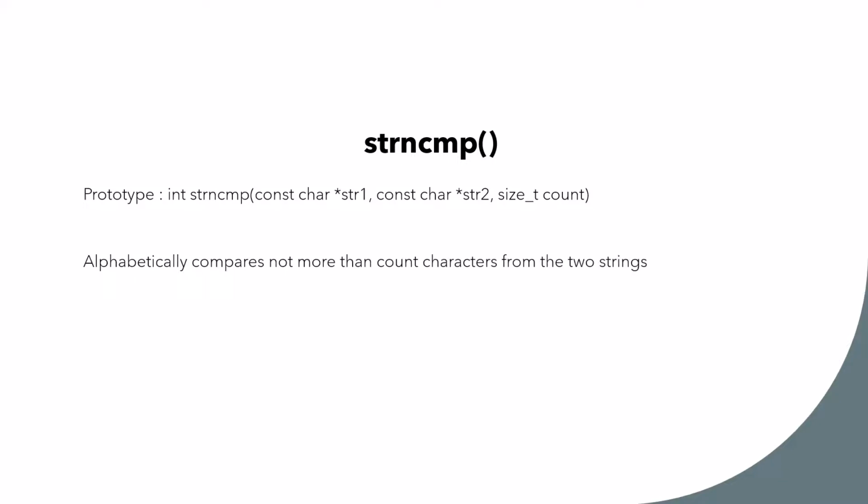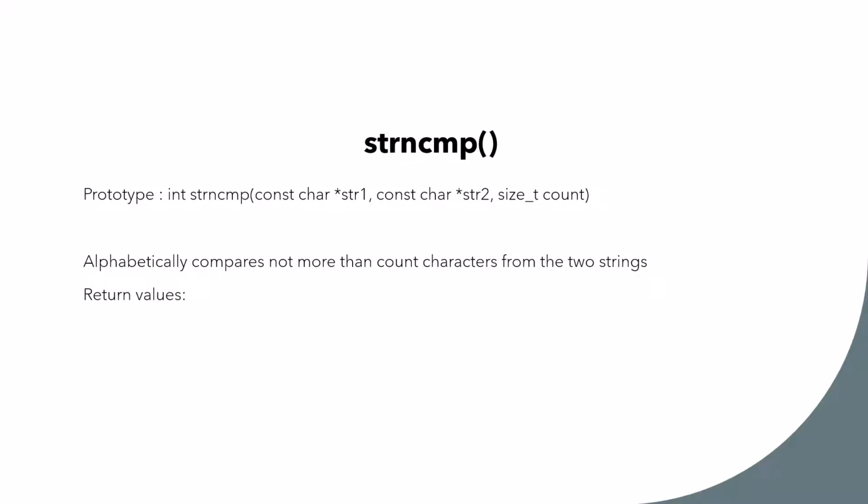Coming now to strncmp. From the prototype, you can see that this function returns an integer again, taking as arguments const char *str1. So this is going to work with strings, right? And const char *str2 as well, along with a size_t type count. It alphabetically compares not more than count characters from the two strings, right?